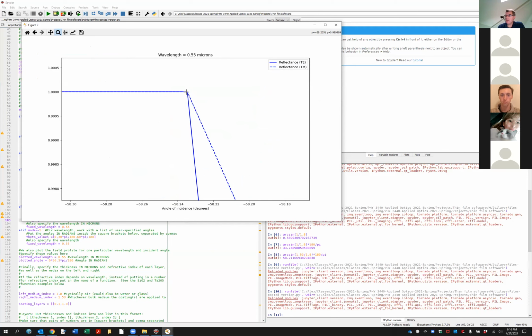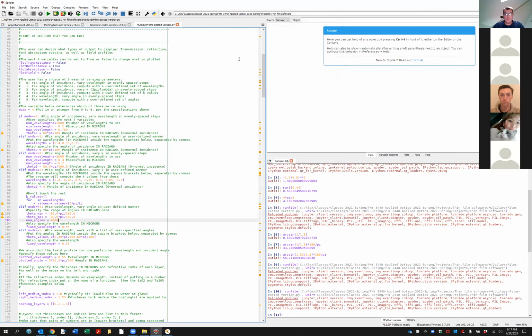So what you've seen here is that there is a way to defeat total internal reflection, at least for a little while. You can defeat total internal reflection by having another material for the light to go into. Let's make that a little more explicit.